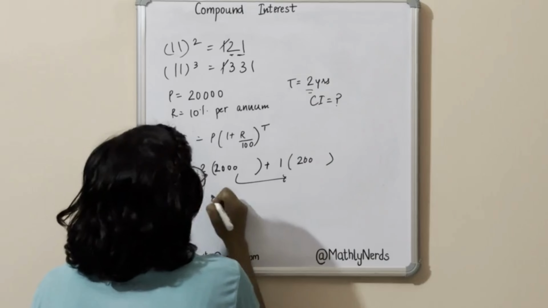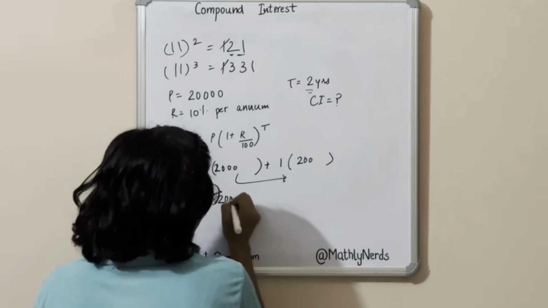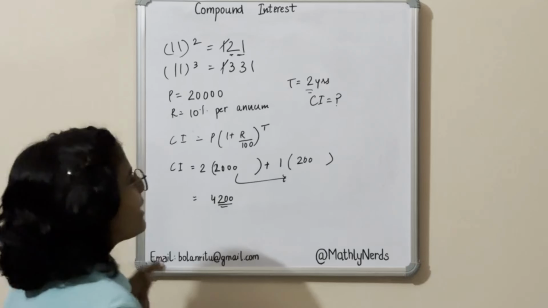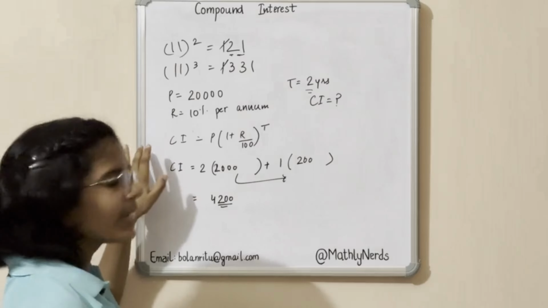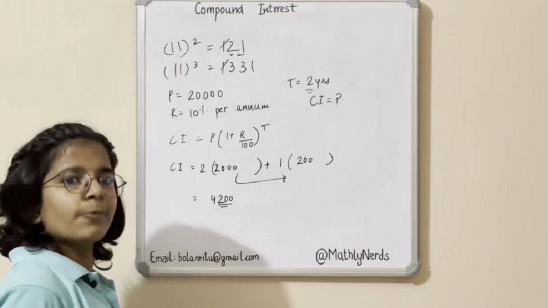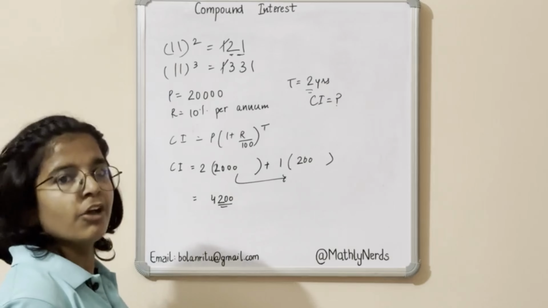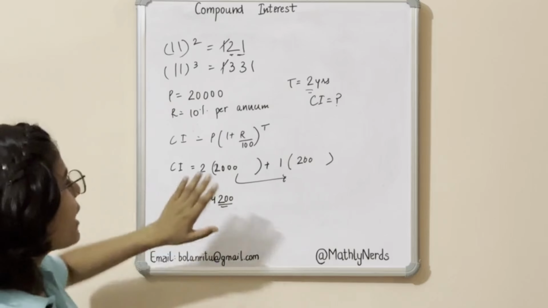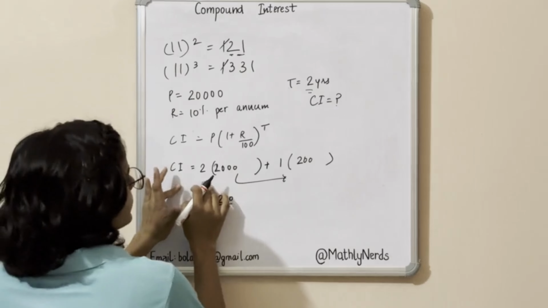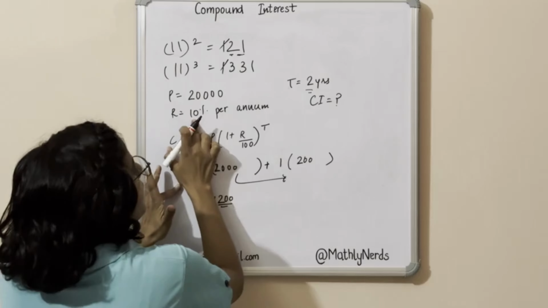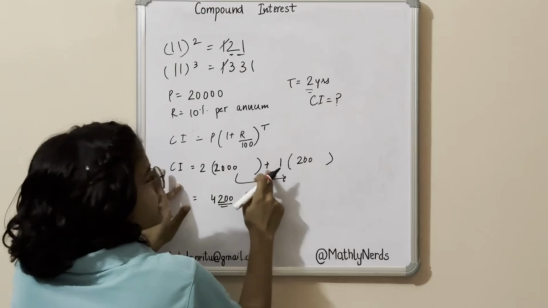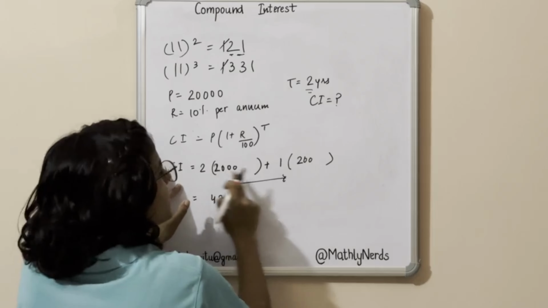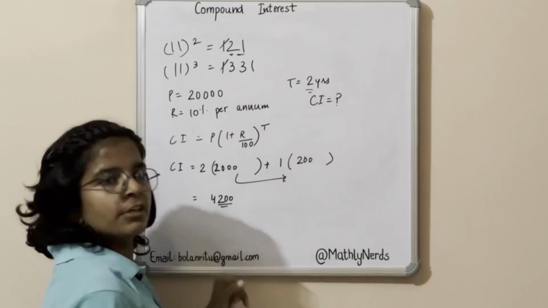So our compound interest will be 4200. And if you solve this by the formula, you will still be only putting in the values in the formula. You won't be able to do this fast. So our formula is: 2 times simple interest for 1 year plus 1 times R% of the simple interest for the first year.